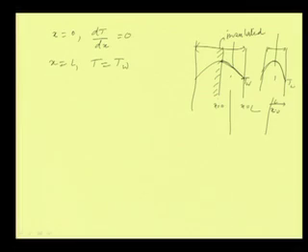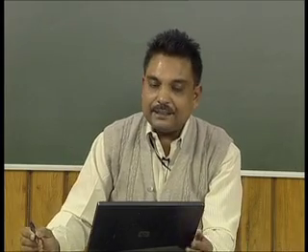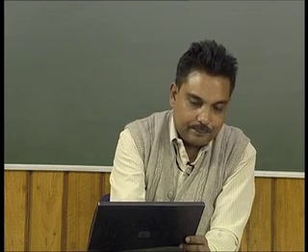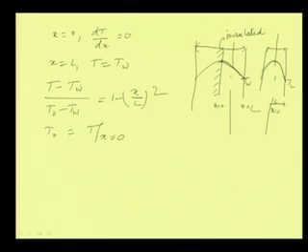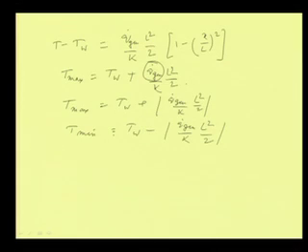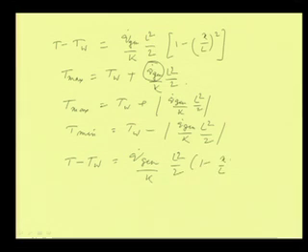And then the equation remains the same: T minus T w by T naught minus T w is equal to 1 minus x by L whole square, where T naught is equal to T at x equal to 0, as we have seen. We have obtained this from the equation T minus T w is equal to q dot gen by k into L square by 2 into 1 minus x by L whole square.